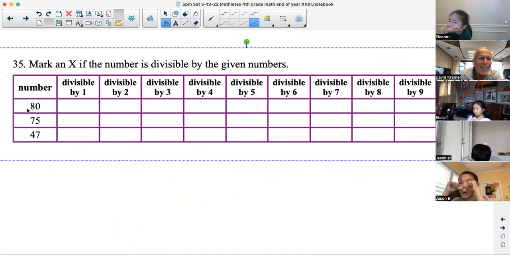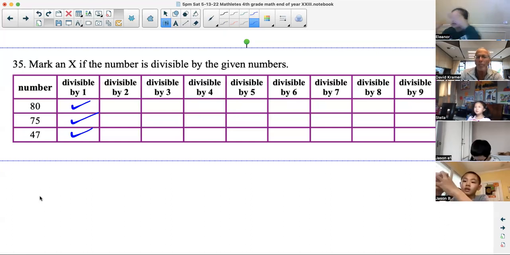So 80 divided by 1 is 80. 75 divided by 1 is 75. 47 divided by 1 is 47. So we know that 80, 75, and 47 are all divisible by 1.